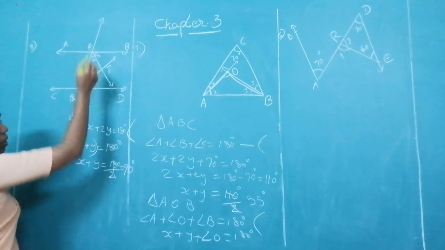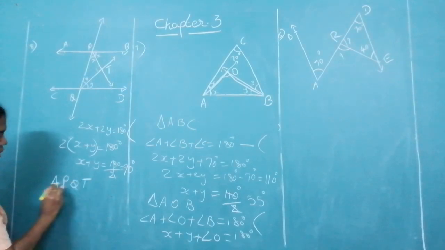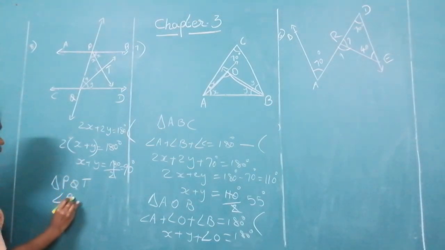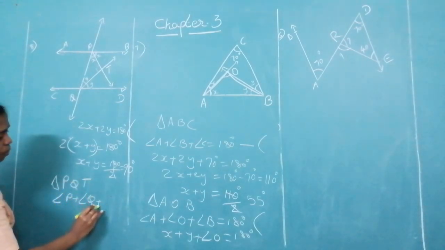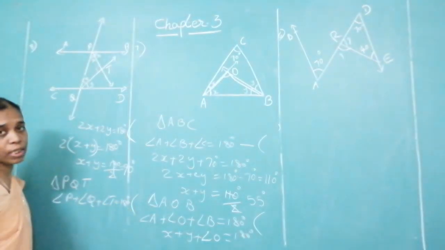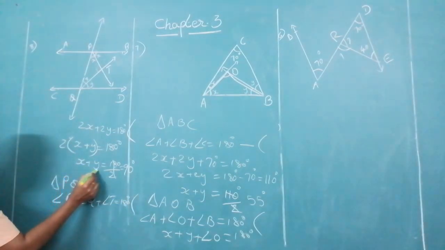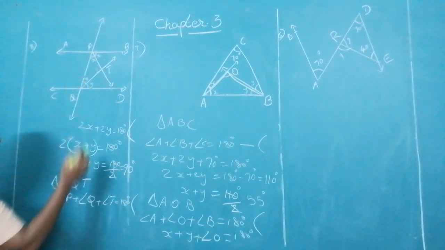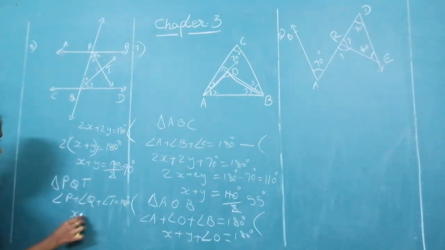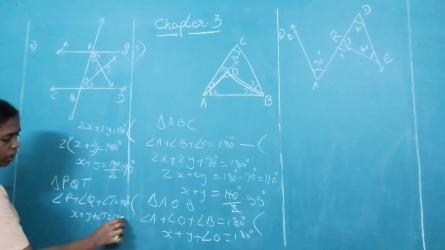Now look at this triangle. So in triangle PQT, angle P plus angle Q plus angle T is equal to 180 degree. Reason? Sum of the measures of the triangle. Now, x and y is of whom? P and Q. So, substitute for that. x plus y plus angle T is equal to 180 degree.